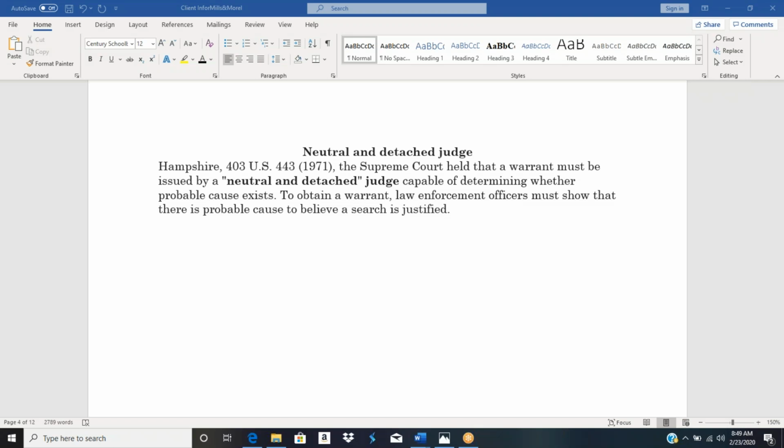And today, what I want to talk to you about is a neutral and detached judge. Now, this is a case law from a warrant, but the reason I'm bringing this information to you is for when it comes time, if you have sent a notice of demand to the OCSC and the one that's operating in the state, and to the Social Security Administration, and they fail to respond.